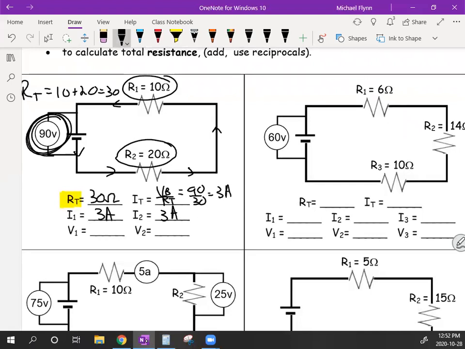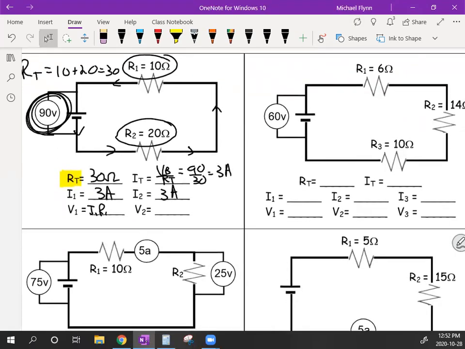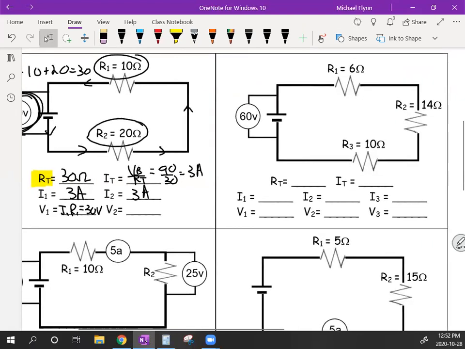Now to find the missing voltages, I'm going to go I1 times R1. So I'm just going to multiply it out. R1 is 10, I1 is 3. So 10 times 3 is 30 volts. And for the other one, I2 times R2. Well, I2 is 3, R2 is 20.